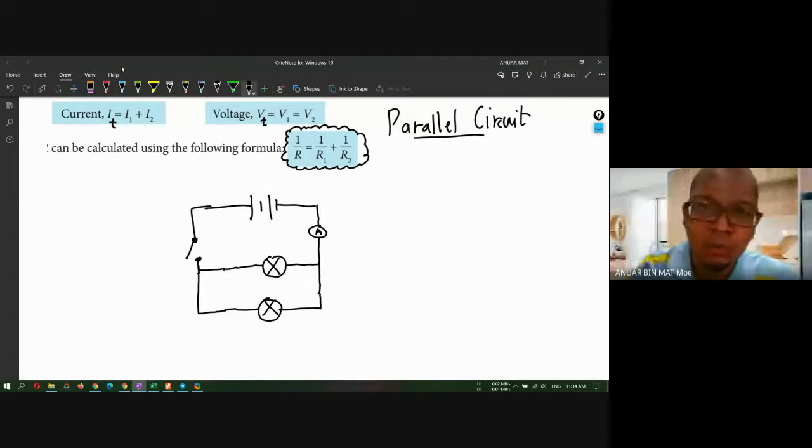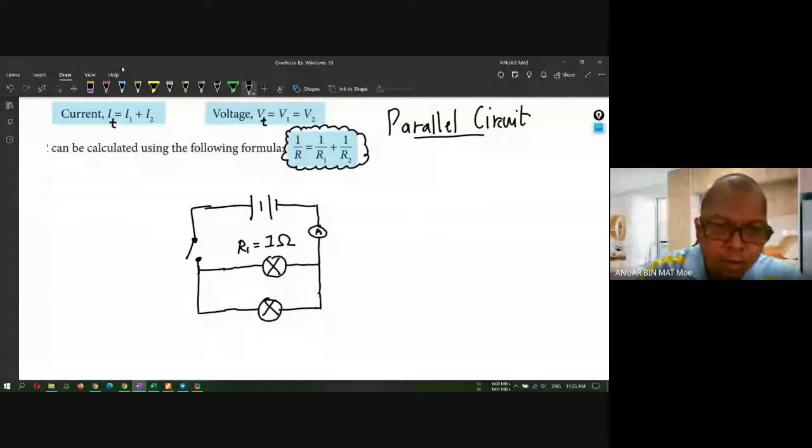R2. So if the resistance of the first bulb, R1, is 1 ohm, and R2 is 2 ohm, what is the total resistance for the circuit?